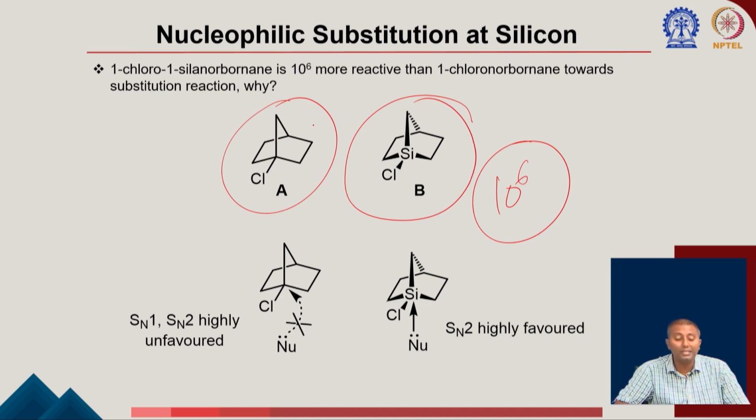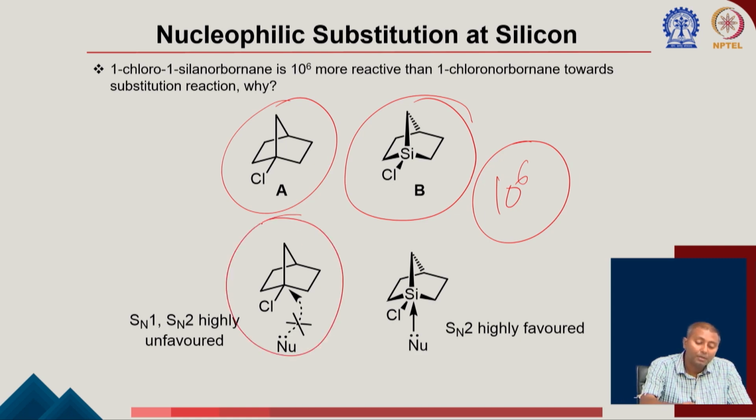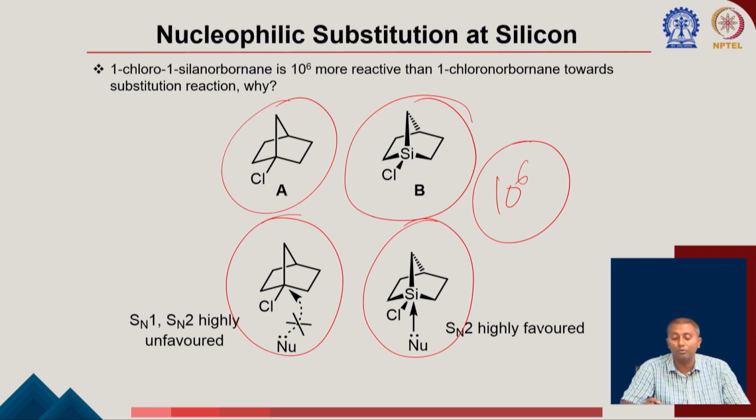So, backside attack is also difficult. Okay. So, that is why SN1, SN2 is kind of unfavored here. But for the corresponding silicon, as I mentioned, silicon has no problem with that. Silicon is not limited to tetravalent, it can go to pentavalent, and from there the silicon and the halogen bond gets cleaved and forms the corresponding product.